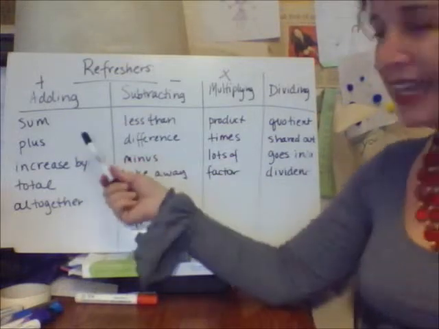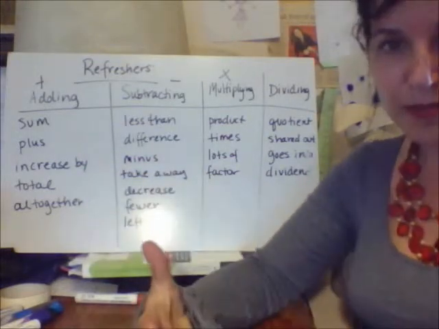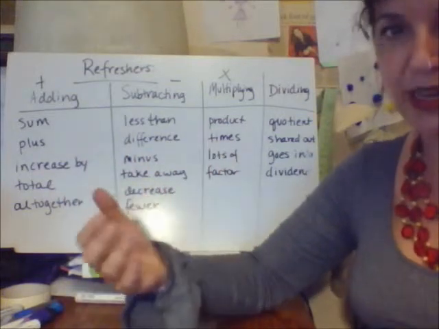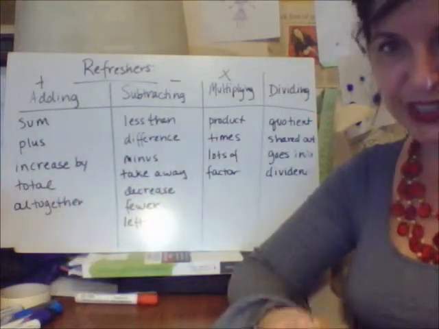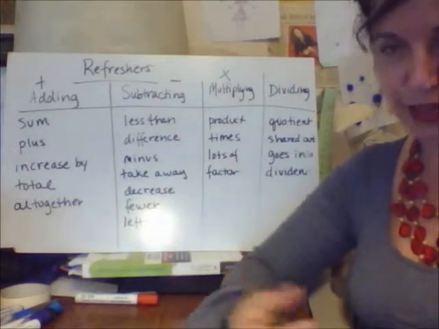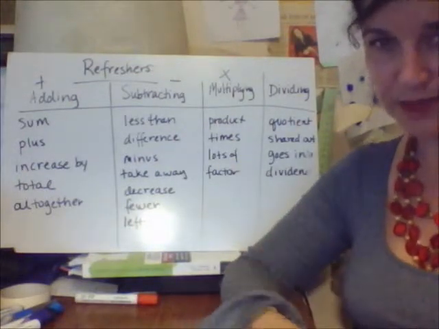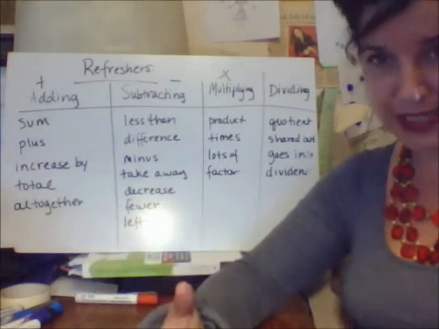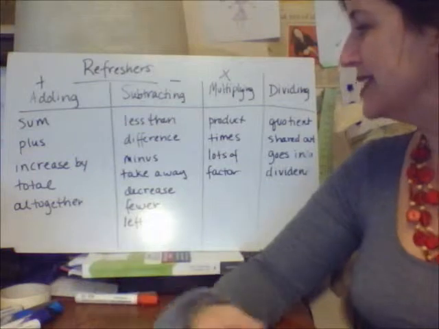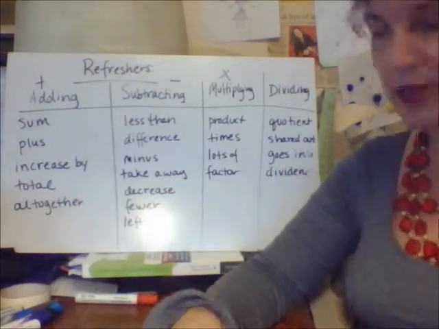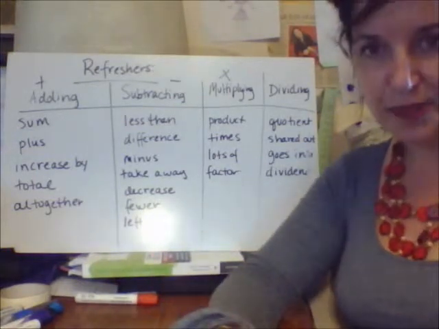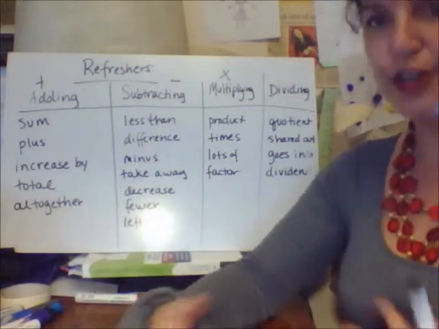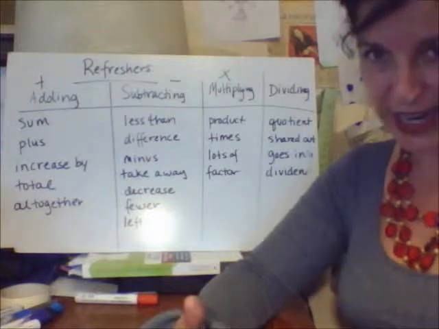So in adding, if you're looking for the sum, if they say plus or increase it by, if they ask for a total or say altogether, they're really seeking for you to add. When you hear something that's less than or find the difference between, minus, take away, decrease, if something's fewer or if there's so many left after stuff has been taken away, those words are all asking you to be subtracting.